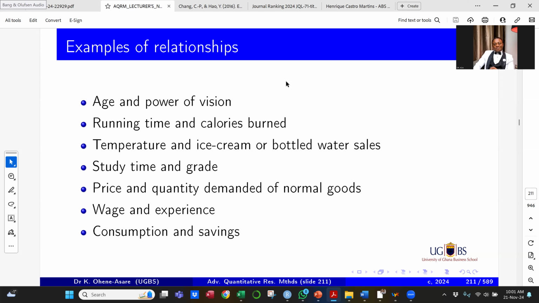Okay, so explain. Okay, so what I'm thinking is inverse. In the case where as an individual grows, the vision tends to deteriorate. Exactly. So there's a negative relationship between age and your vision power. Your eyesight falls as you age.